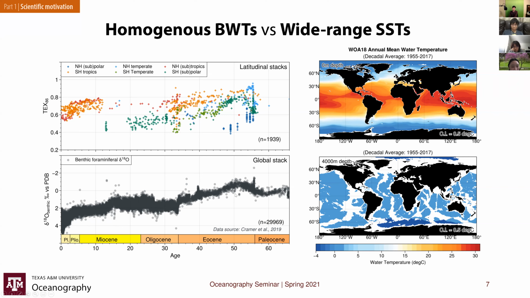The first thing you can notice right away is that the number of data points is much different. The reason for that is that the benthic data is a global stack. It means the data is coming from all over the place, from all ocean basins, covering low to high latitudes.